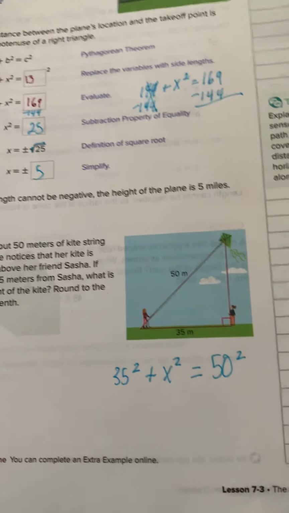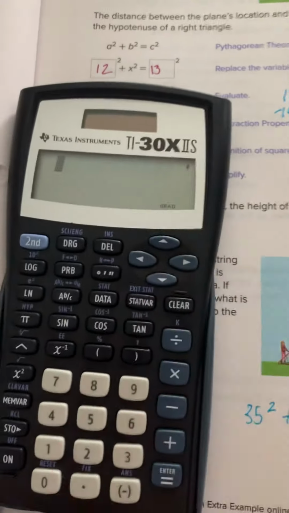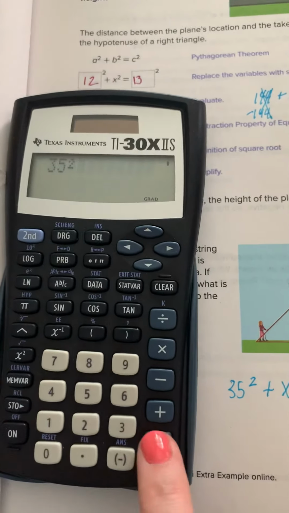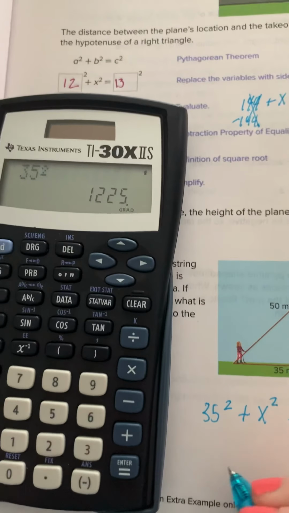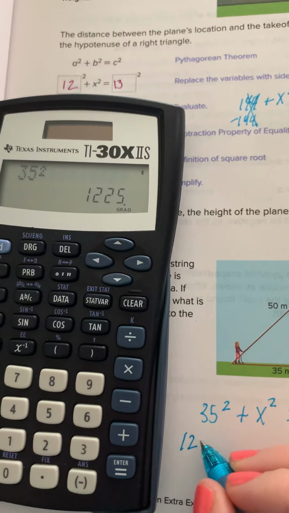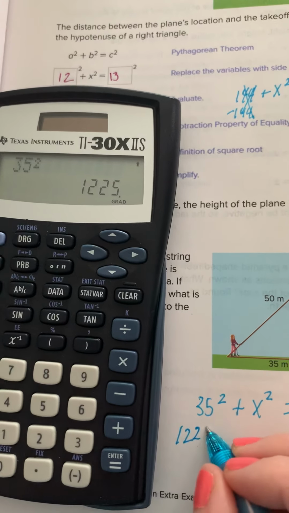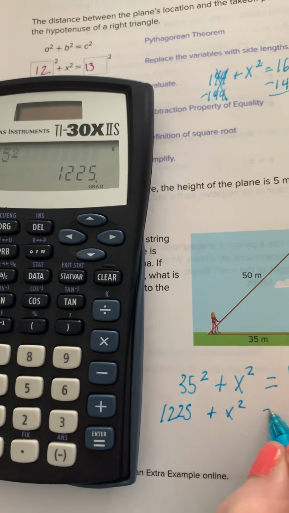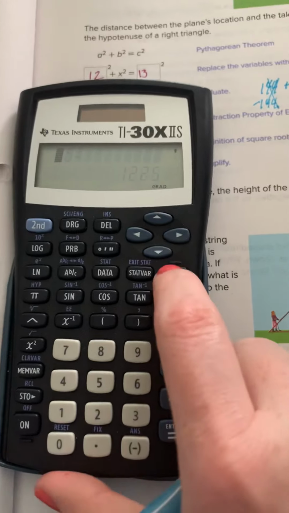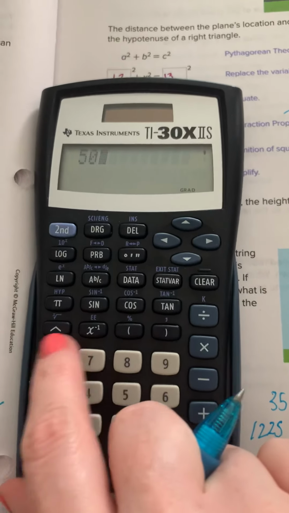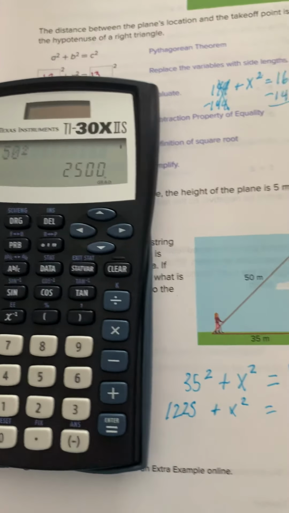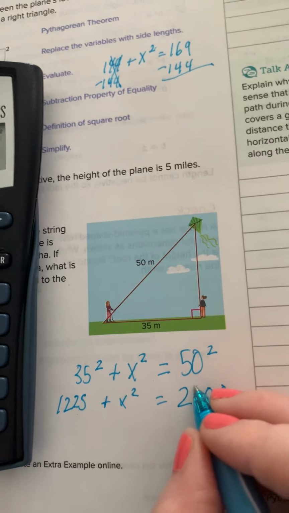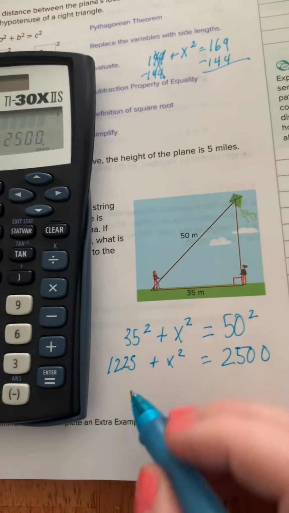So now you have to square it. 35 squared equals, woo, big number, 1,225. We don't know what x is. And then 50 squared, 50 times 50. I'm going to do this just for posterity's sake, 2,500. It's pretty simple, but just in case, I'm not going to judge you for using the calculator.